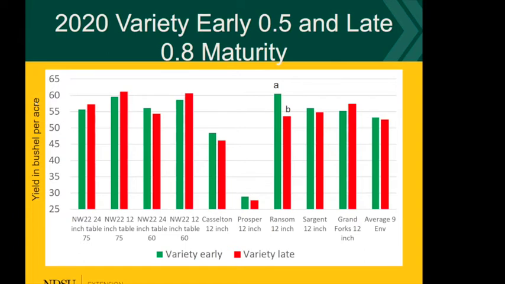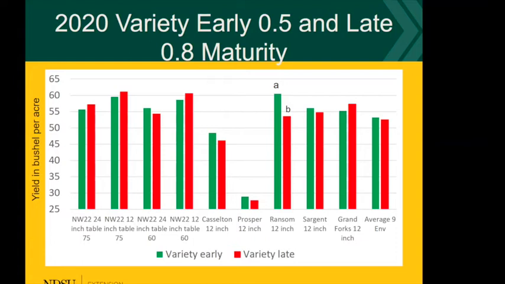So in the first bars, you can see that the late variety, the red bars in the first, second, third and fourth one, are higher. But if we look at Ransom County, actually the early maturing variety out-yielded the late one. And that was an example of where we had frost damage. So here, the risk of having a late maturity ended up being a yield penalty.